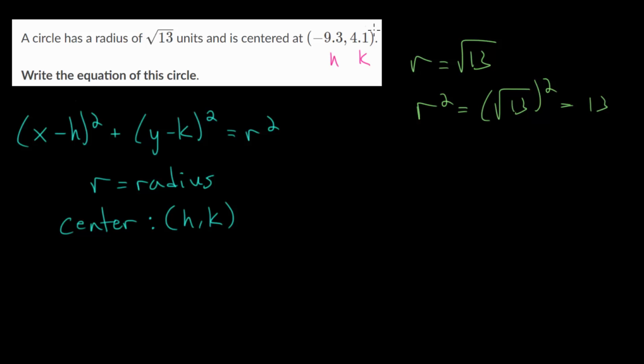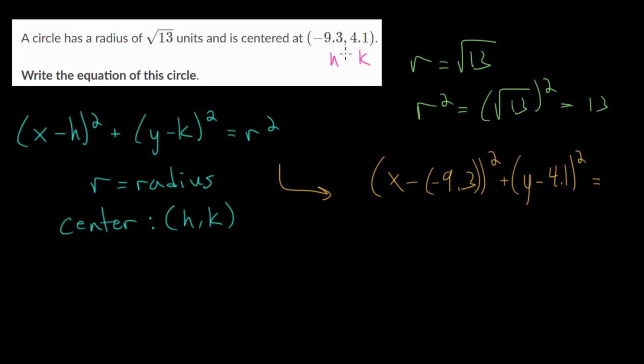And at this point, let's just plug in what we know into our standard equation. So we get x minus h, but h is minus 9.3, and we will square all of that, plus y minus k, and k is 4.1, we'll square that, and this is equal to the radius squared, and in this case, the radius squared is 13.